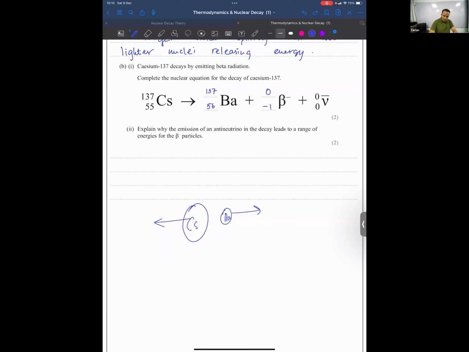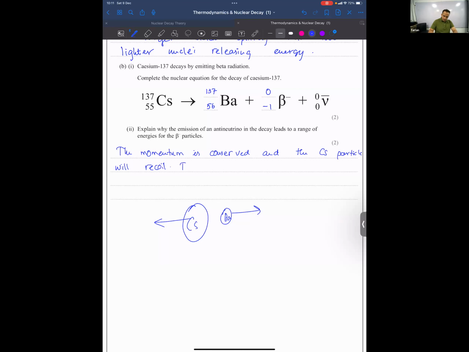The momentum is conserved. And the cesium particle will recoil. Full stop.